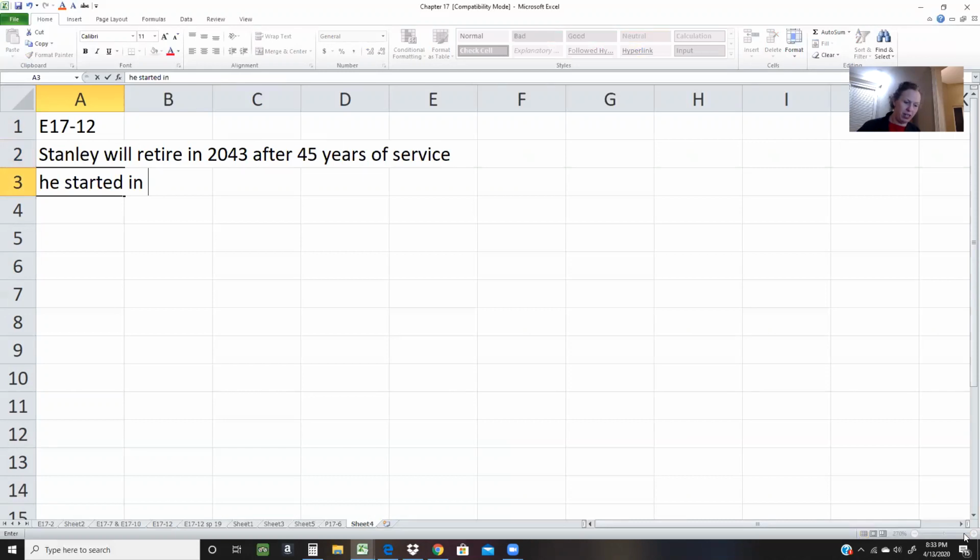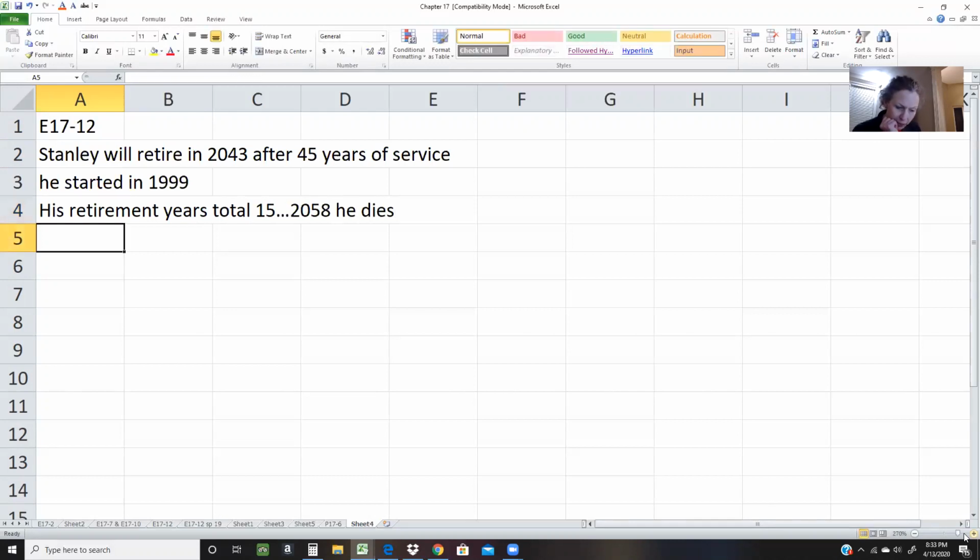His retirement years total 15, so that means in 2058, he dies. All right, interesting.